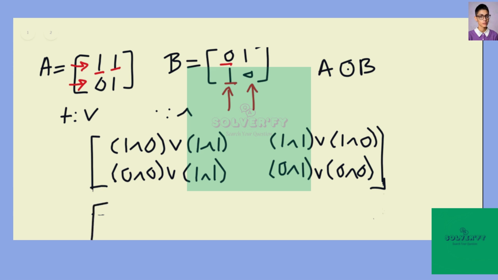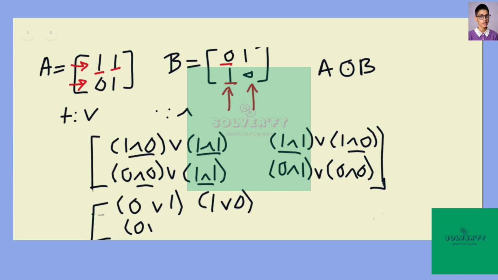So this will get reduced then to, we can sort of take care of what's happening in the brackets, right? So then we'll get a 0 or 1, then we get a 1 or 0, 0 or 1, and a 0 or 0.